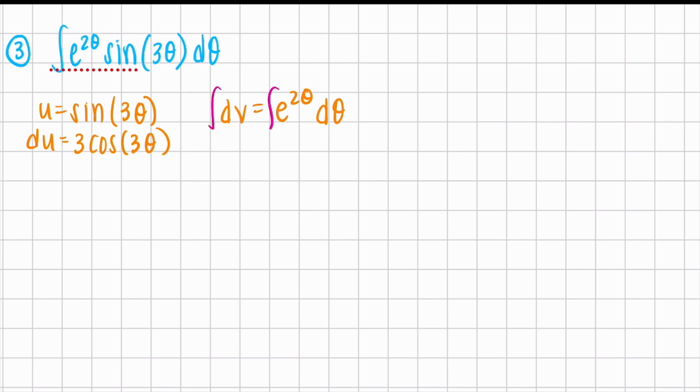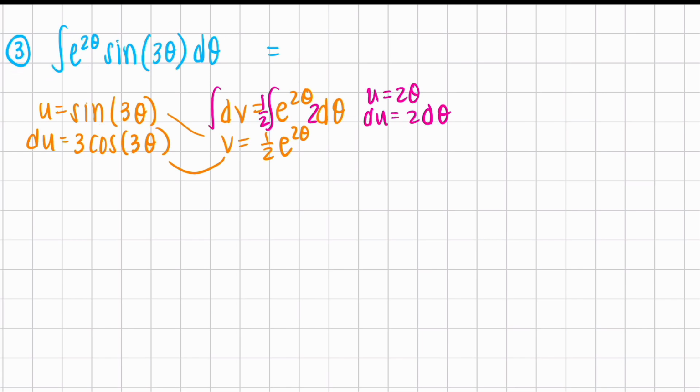I want to integrate both sides of dv. We do need u sub. U is 2 theta. Du is 2 d theta. So that means I need a 1/2 out front. The integral of e to the u is just e to the u. And when I plug my 2 theta back in, I get 1/2 e to the 2 theta.